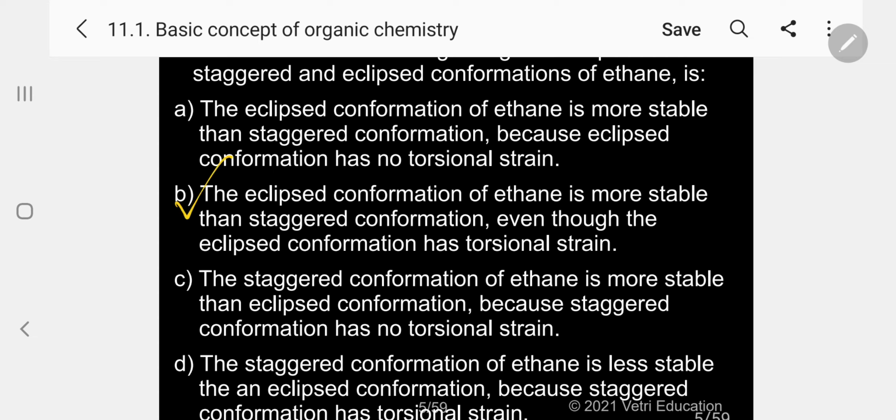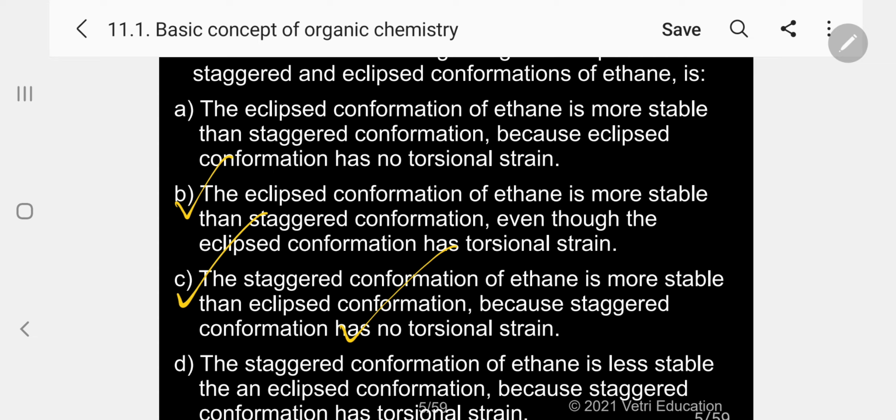B. The eclipsed conformation of ethane is more stable than staggered conformation even though eclipsed conformation has torsional strain. C. The staggered conformation of ethane is more stable than eclipsed conformation because staggered conformation has no torsional strain.